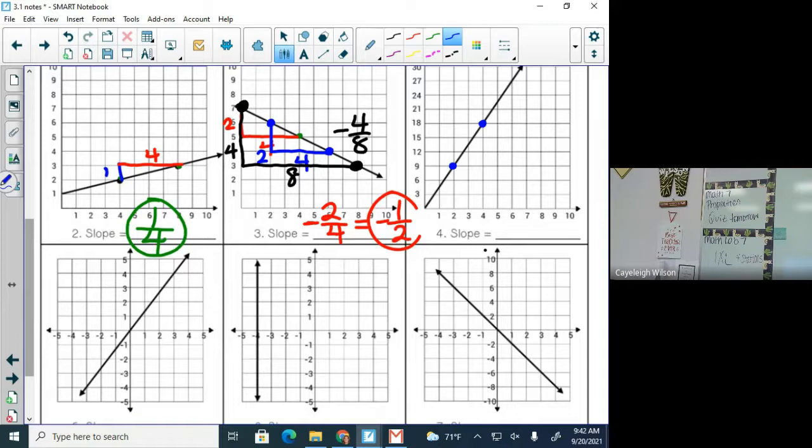But remember, when I count my rise, what am I counting by? 3s. Okay? So here I go. This is 9 and 12. So 3, 6, 9. Is everybody okay with that?